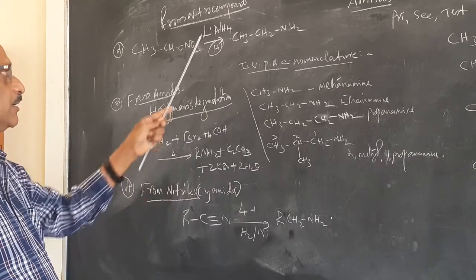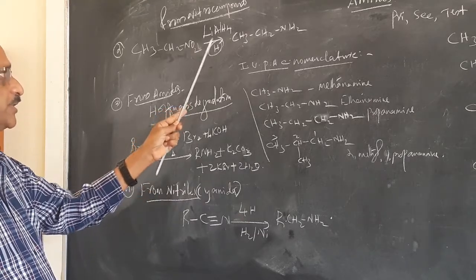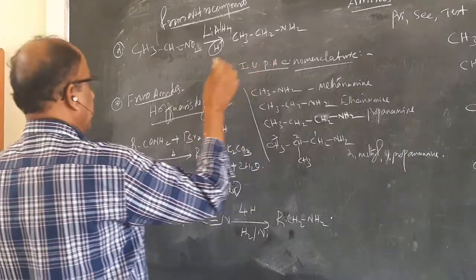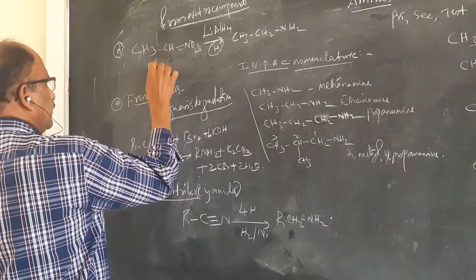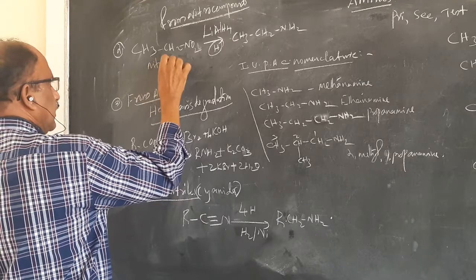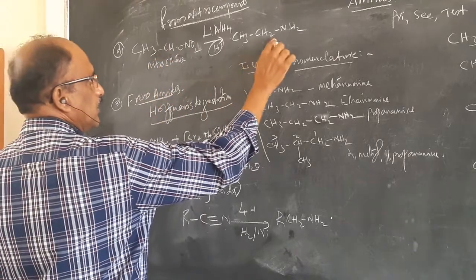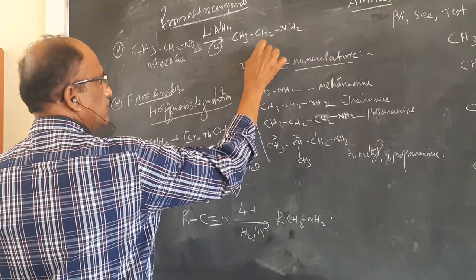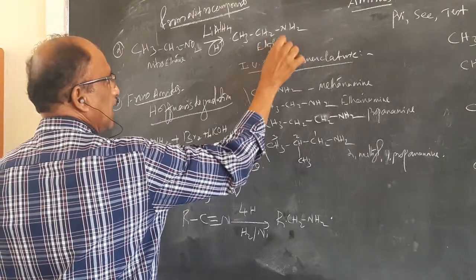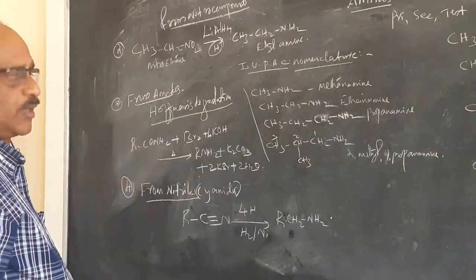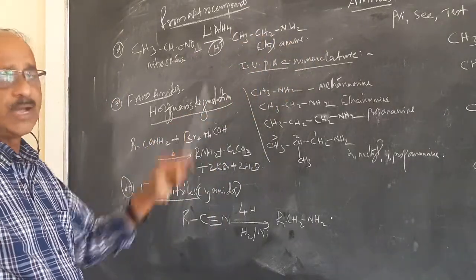Lithium aluminum hydride is the reducing agent. If you reduce it, you will be getting the primary amine. So nitroethane can be converted to ethylamine by simple reduction by lithium aluminum hydride.